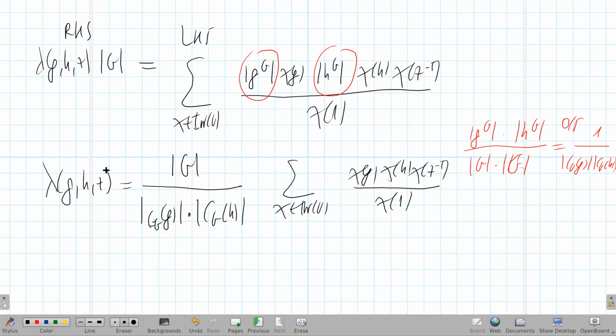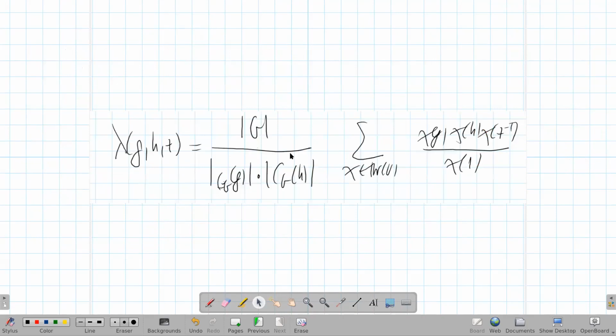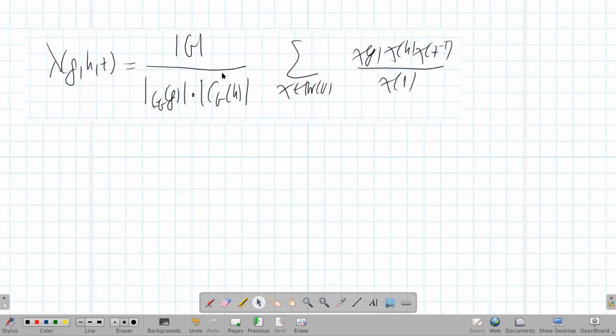So let's copy this formula to the next page, because I want to take this particular example, if I'm able to do it without errors. First I'll fix the notes, but there are really two different notations in the statement and in the proof. In the statement I have x, y, and z. And here I have g, h.